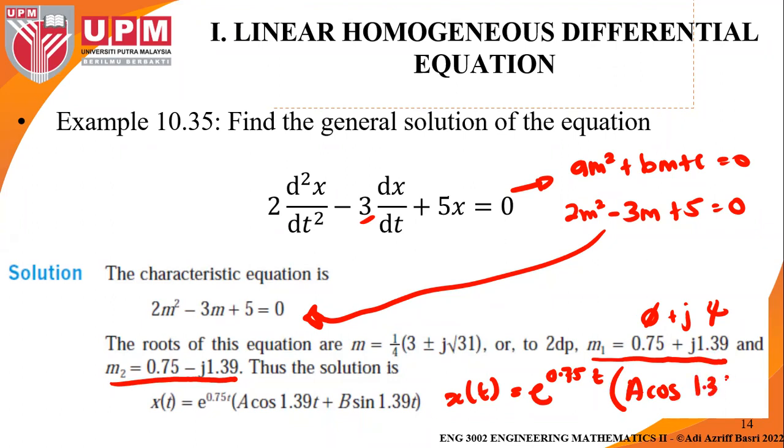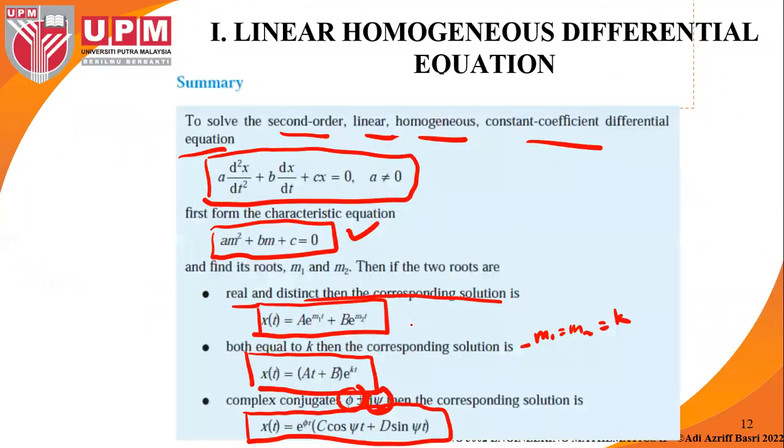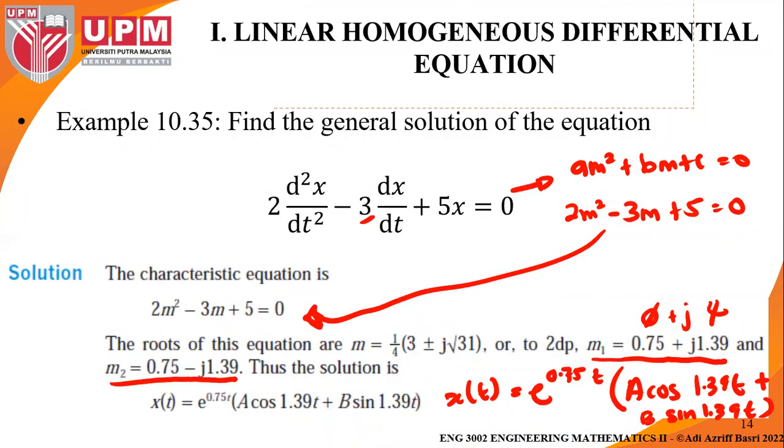It will be 1.39t. Cos 1.39t plus b sin 1.39t. Okay, because you have a complex conjugate number, plus minus j. So this is your final answer.